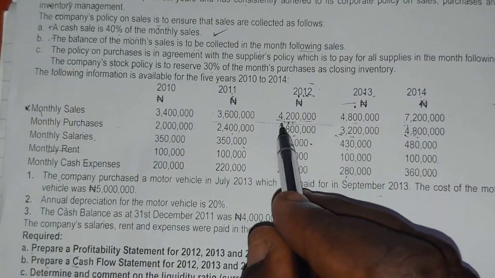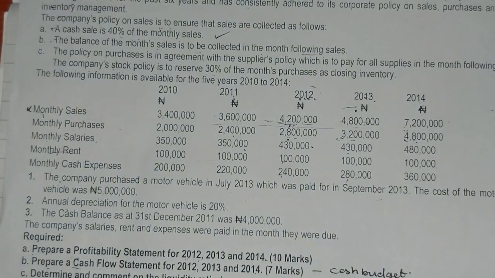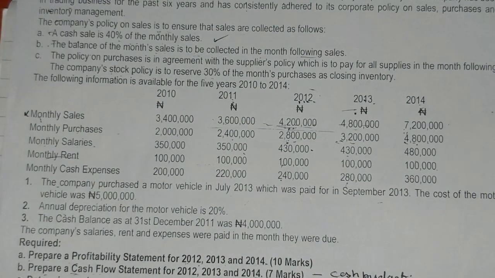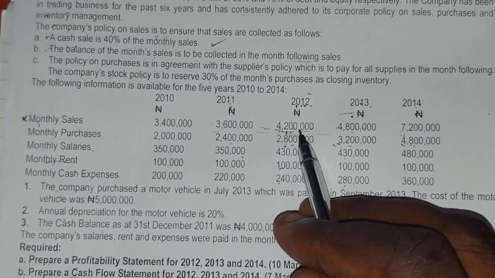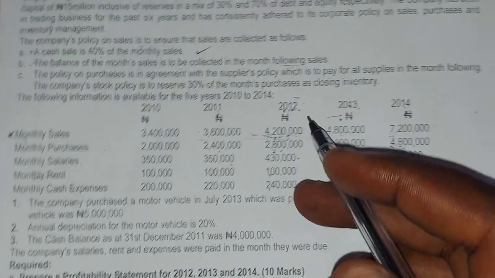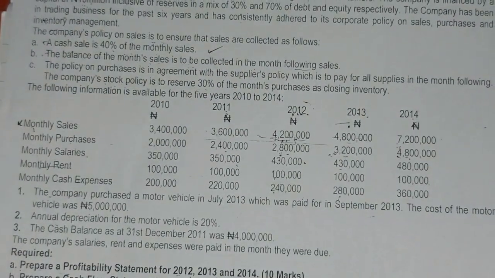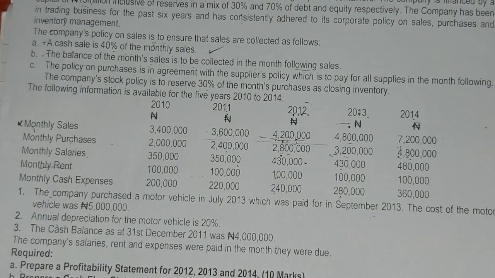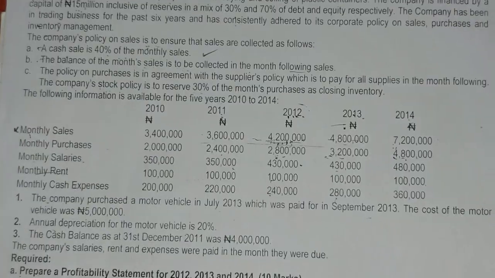You will multiply each of these sales by 12. Let's take the 60%, because 40% is assumed to be cash sales. It means the 60% is on credit sales and is to be paid the following month.